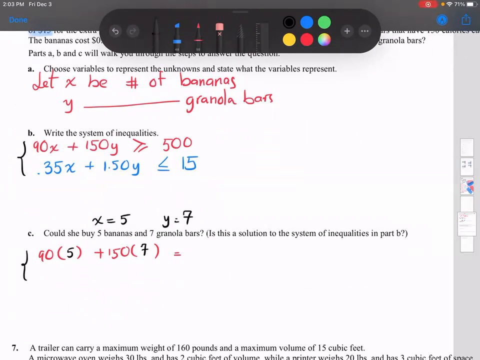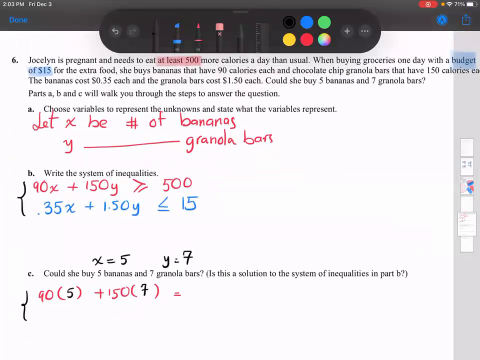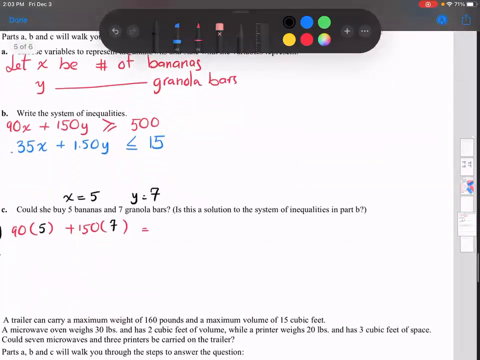Something wrong here. Did you guys see something wrong? 5 bananas and 7 granola bars. When you plug it in, what did you get? Yeah, which is 1500.